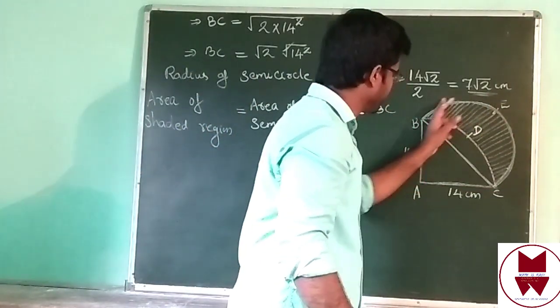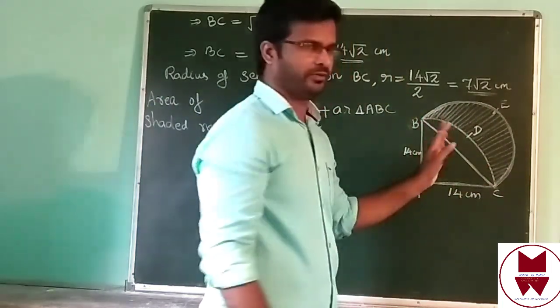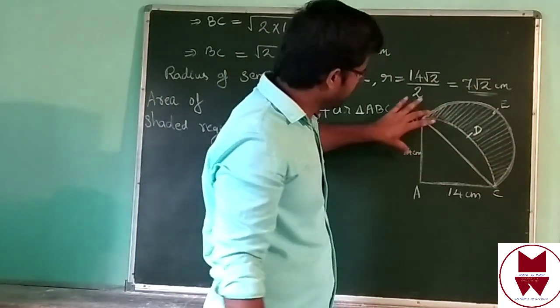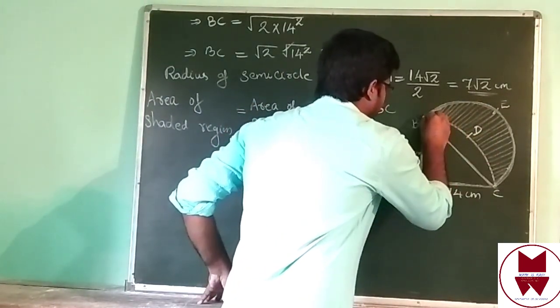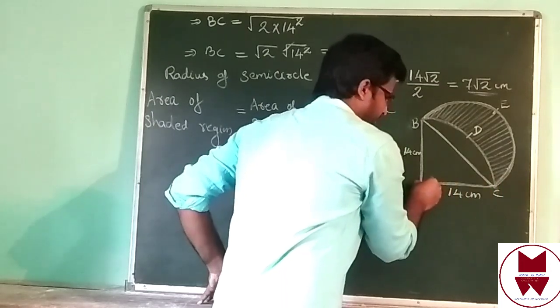First, area of the semicircle plus area of the triangle. We got the whole figure, isn't it? Then this part A, B, D, C is the area of the quadrant, not the shaded region, isn't it?